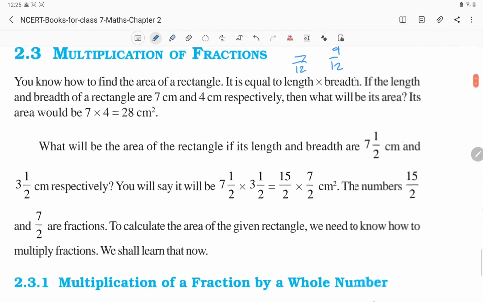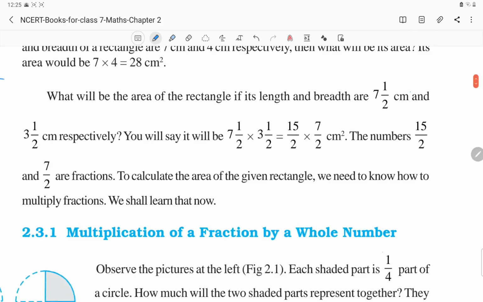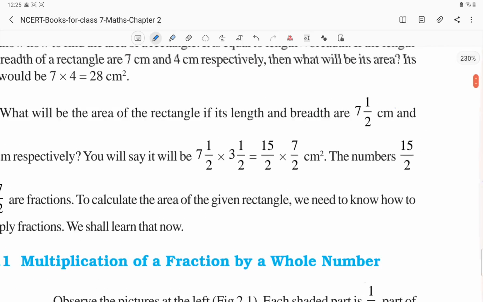So now let's do the mixed one. So 7 1 by 2 times 3 1 by 2 equals 15 by 2 times 7 by 2 centimeters squared. So 15 times 7.